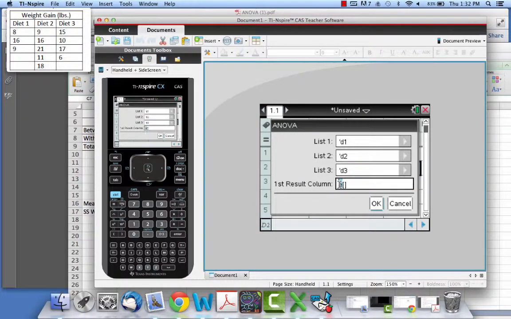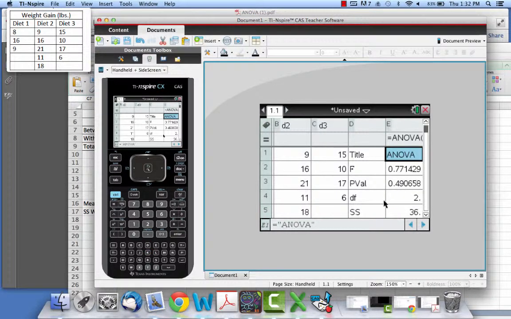I don't see any reason not to put this in D. Okay, so here's the F that I calculated, the p-value it gives me, which obviously would be a non-reject.